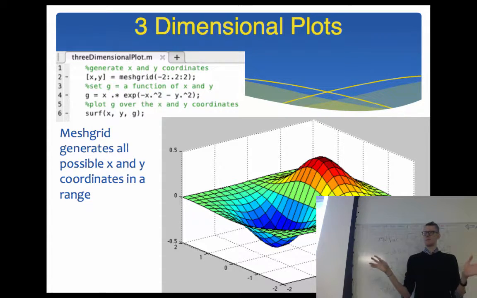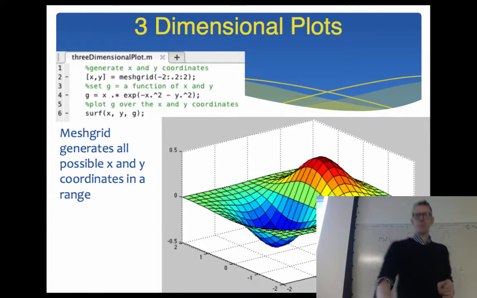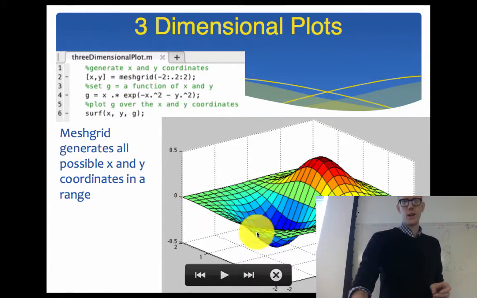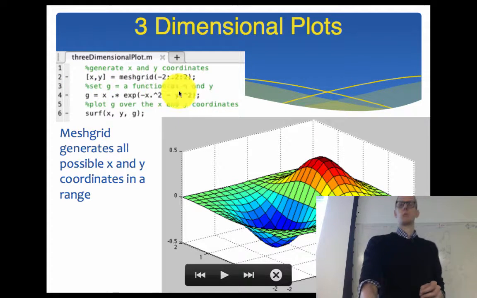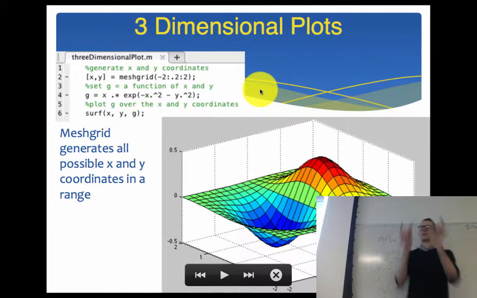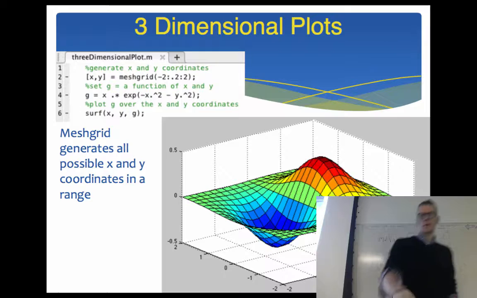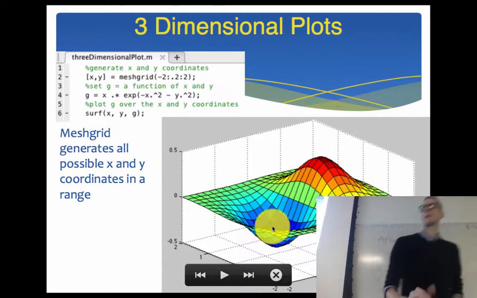You would need all of this combination of points to be able to plot every single point in your two-dimensional space. So to achieve that, we use meshgrid. You can experiment with this. If you type meshgrid and give it these arguments and have a look at what's put in x and y, you'll find it's every combination of x and y points that exists over this space.